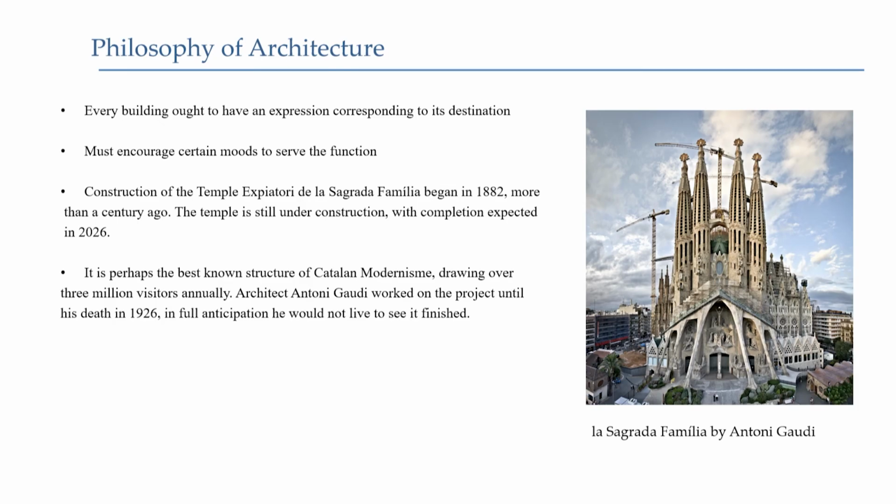In fact, the last number counted was 3 million people who visit this church every year, and this is also considered to be the best known structure of Catalan modernism. Catalan is a province in Spain, so you can understand that this church happens to be in Spain.